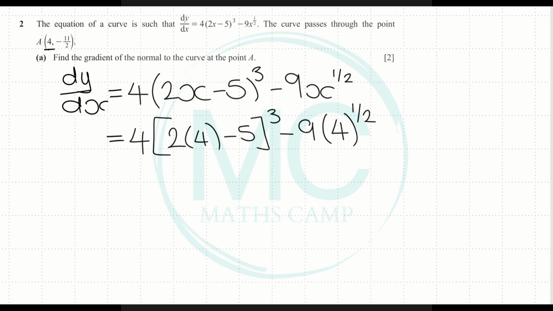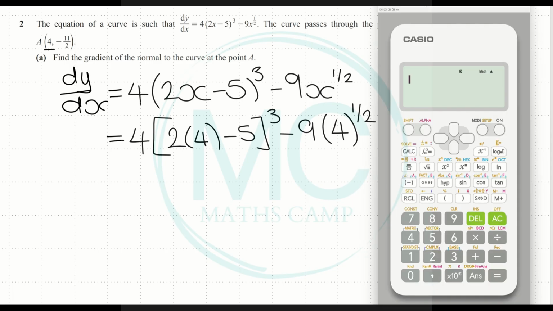And you can put this entire equation into your calculator. So we're going to say 4, open a bracket, 2 multiplied by 4, minus 5, close the bracket, cubed, minus 9, multiplied by 4, with an exponent of 1 over 2. And we get 90.